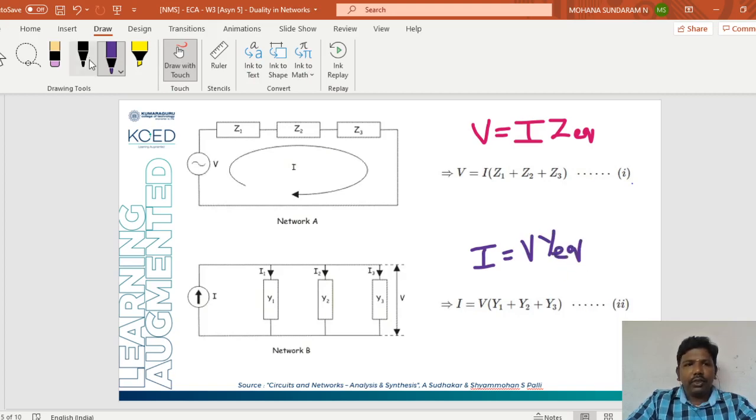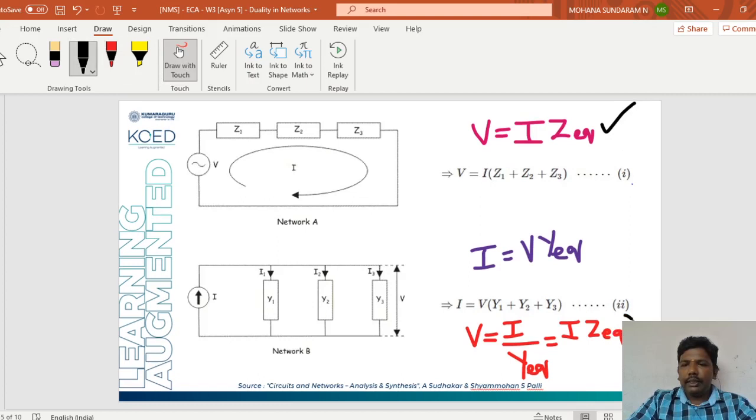So when you rearrange this, and bring Y equivalent to the left hand side, you will get V is equal to I divided by Y equivalent. So what is 1 by Y equivalent? It is Z equivalent. So V is equal to I into Z equivalent. That means it is clear from these two equations that both the networks are doing the same function.